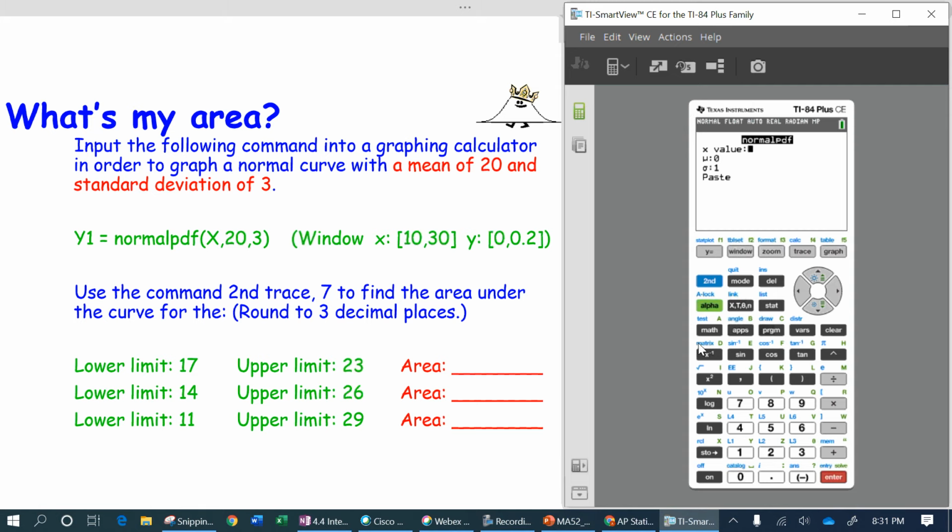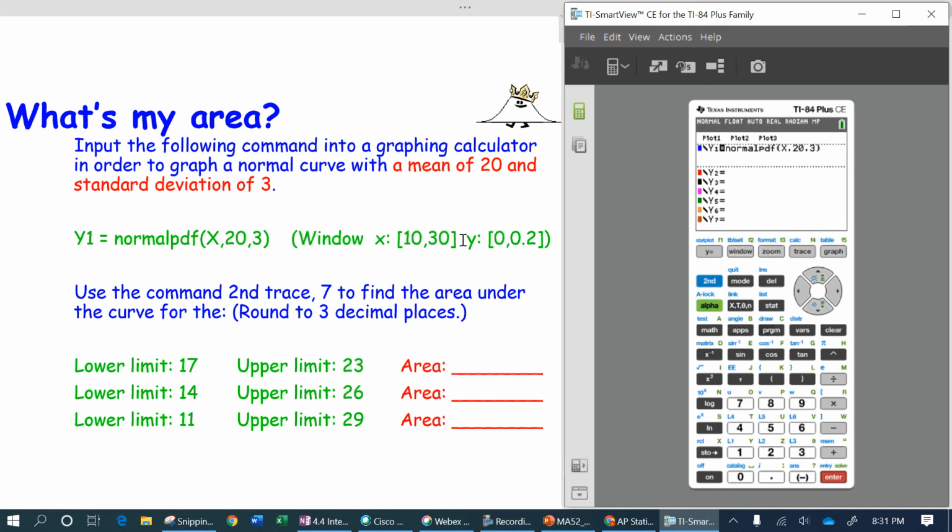So we'll plug in an x. We'll have a mean value of 20, and we're told that the standard deviation is 3. Then we'll come down here to where it says Paste and hit enter, and that will put our function into our Y1.